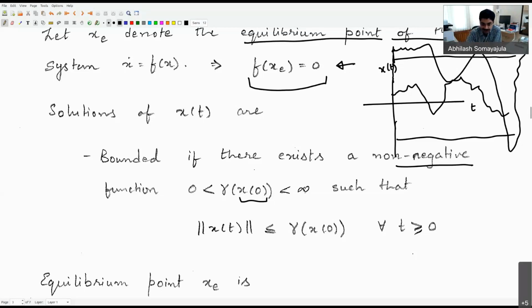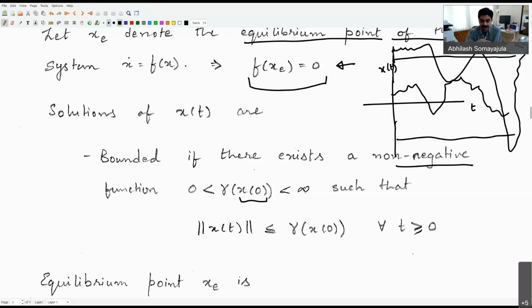So you can think of if in your spring mass damper system that if I move it by 1 meter and let it go, I know that the solution will always be less than 2 meters. Right? But if I move it by 5 meters and let it go, I can't say that it will be bounded by 2 meters.